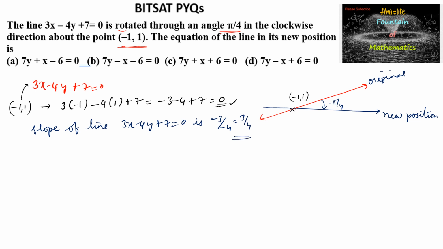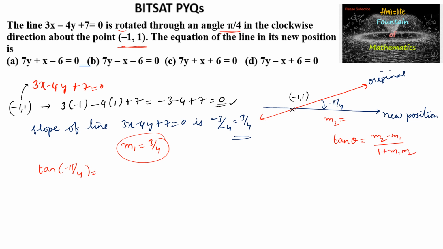Let us consider m1 is equal to 3 upon 4, and the slope of the new position line is m2, and the angle between them is minus pi by 4. So we can write tan of minus pi by 4 is equal to, we know the formula, tan theta is equal to (m2 minus m1) divided by (1 plus m1 m2).